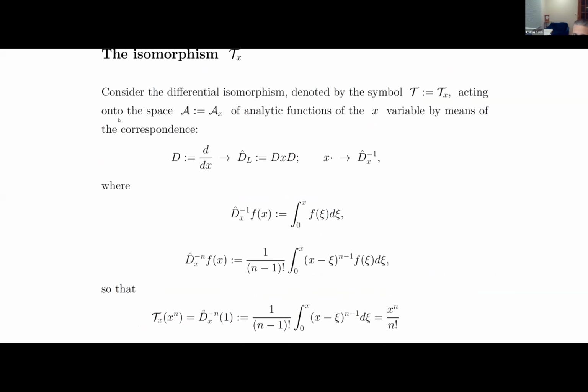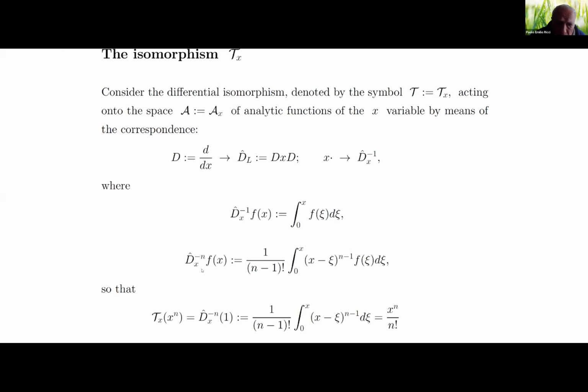There is an isomorphism, which was recalled in the paper by Pino and myself, a differential isomorphism, denoted by this symbol here, acting on the space of analytic functions of the x variable by means of this correspondence. The derivative is substituted by the Laguerre derivative, and the multiplication is substituted by the antiderivative, which is simply the primitive of this function.